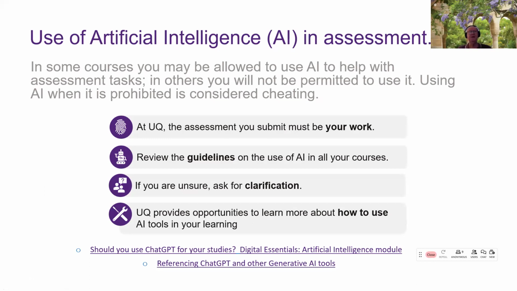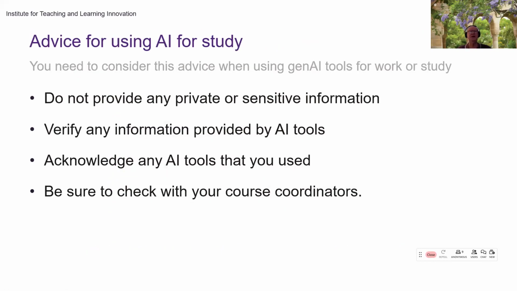There are some risks that we are aware of in using AI, and it's probably something that you could convey to your students as well. It's not a good idea to put in any information that can identify you, so nothing private or sensitive.